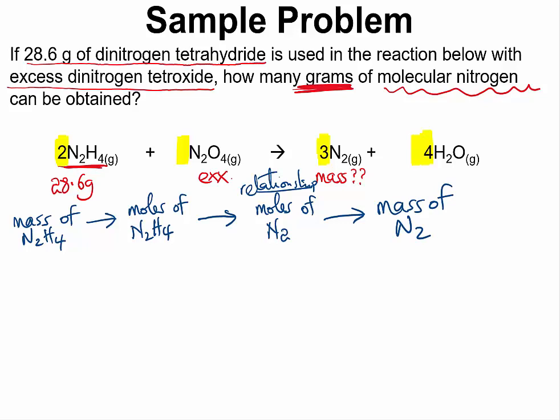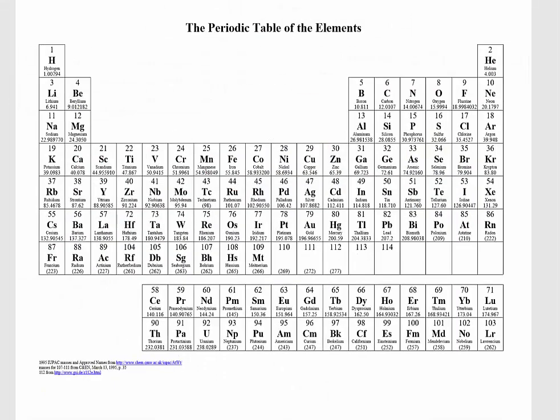We were given 28.6 grams of N2H4. To convert it to moles, we would need to look at the periodic table. On the periodic table, nitrogen is essentially 14.01 and hydrogen is essentially 1.01.